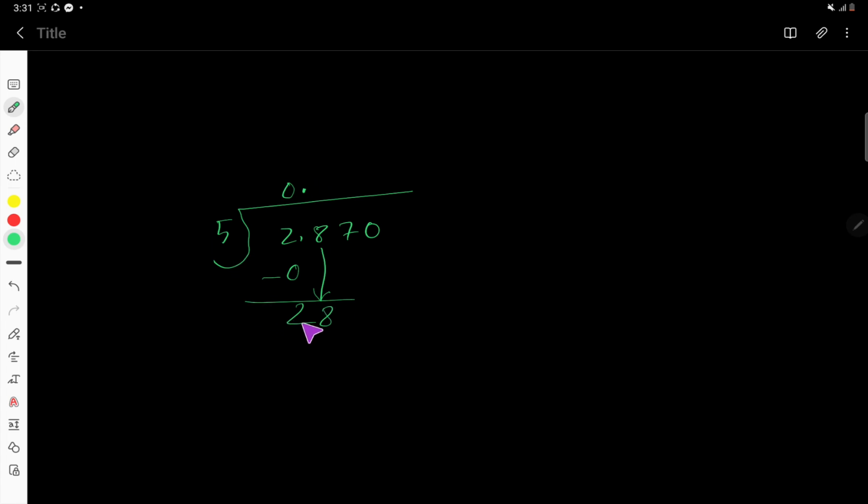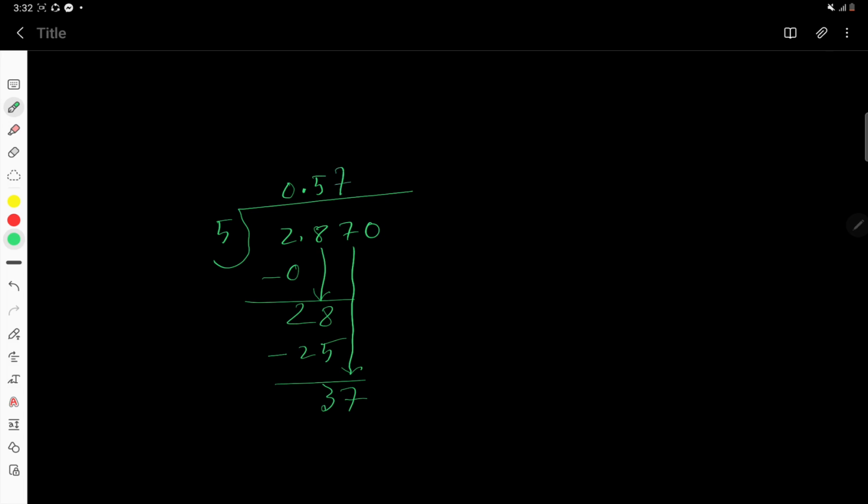5 goes into 28 how many times? 5 times 5 is 25. Subtract, and you are getting 3. Bring down the next digit, 37. 5 goes into 37 how many times?